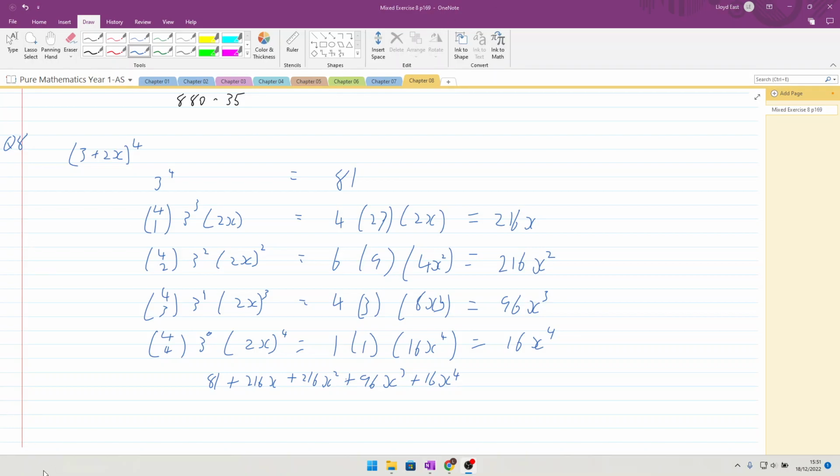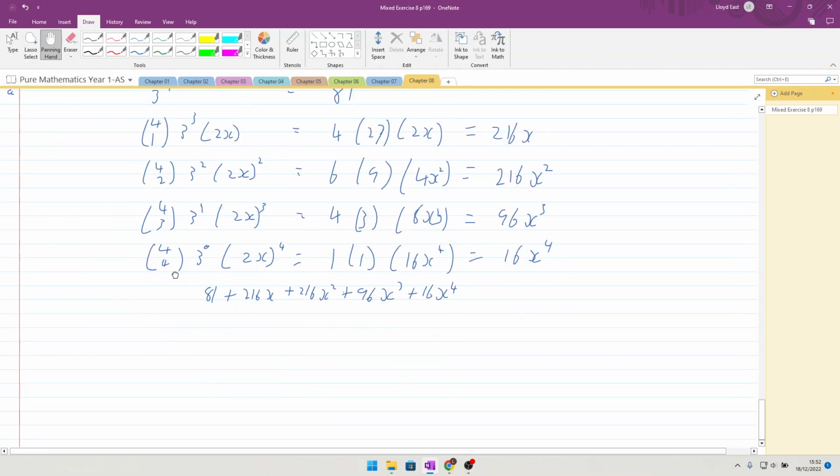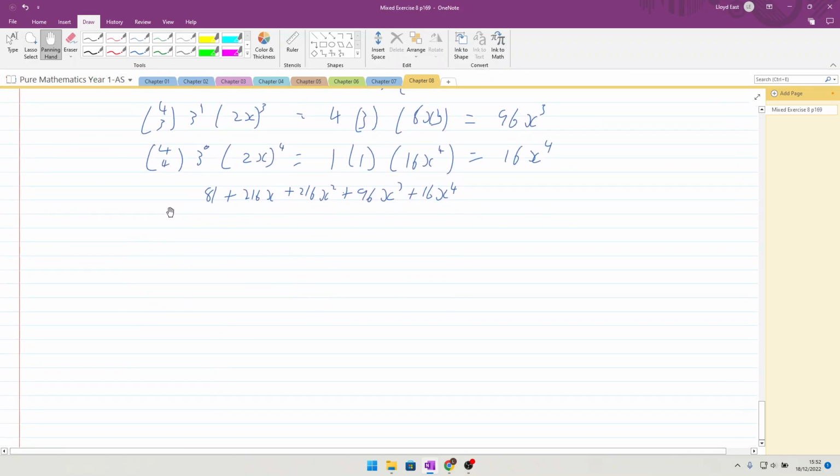Right, continuing into part B for it then. Part B, hence or otherwise, write down the expansion of (3 minus 2x) to the power 4.